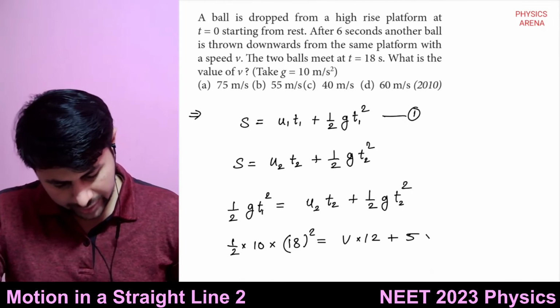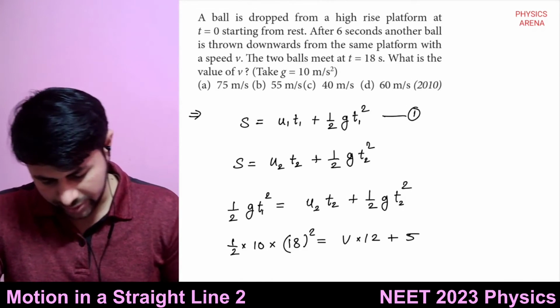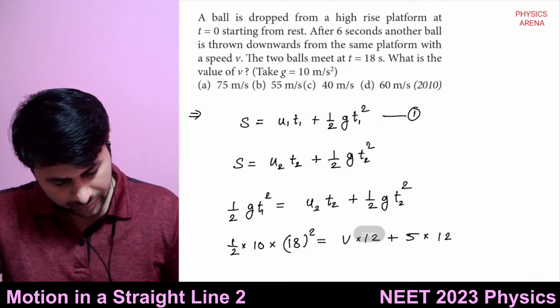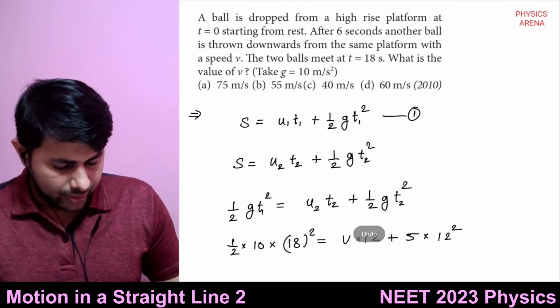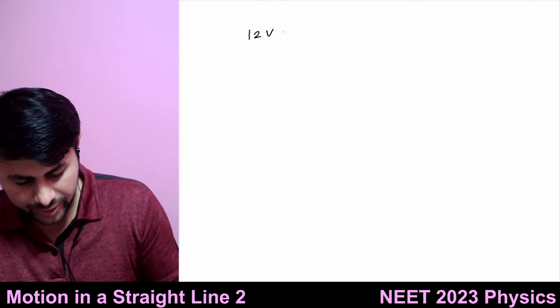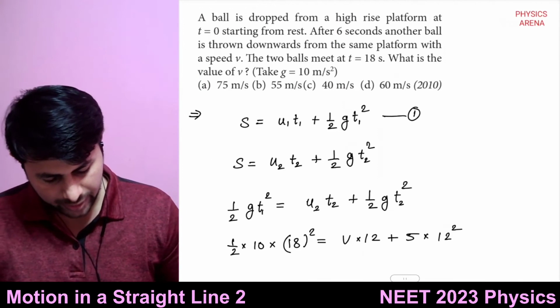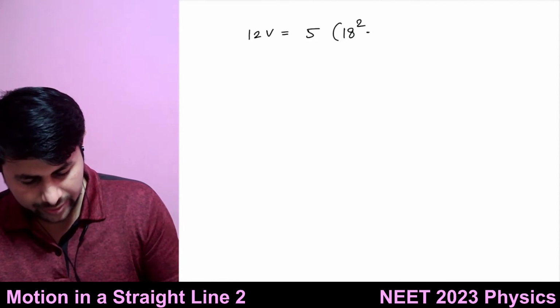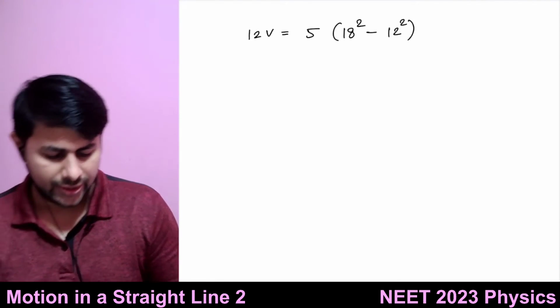5 multiplied by 12 square, no? So I can write 12 times v is equal to 5 multiplied by 18 square minus 12 square.